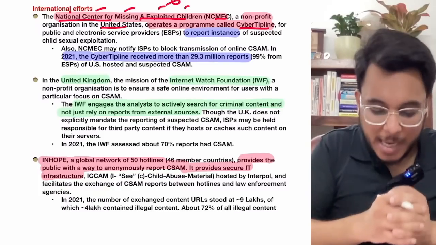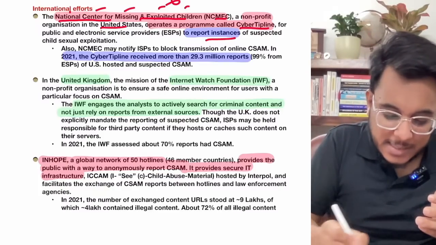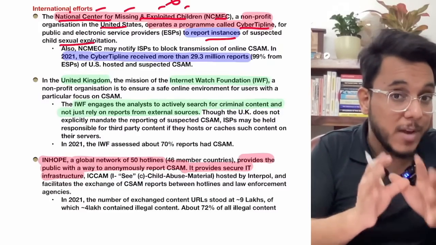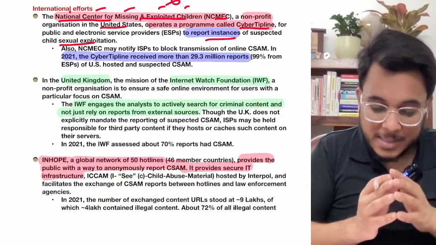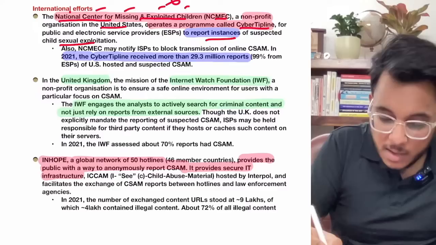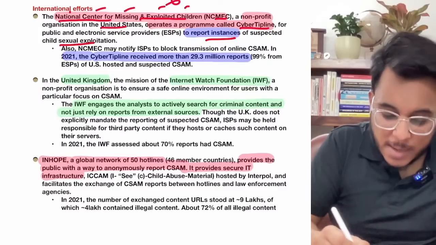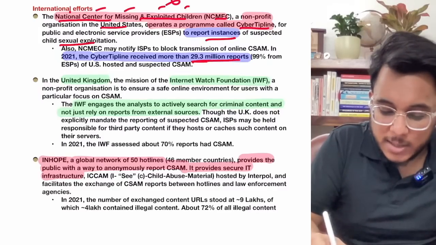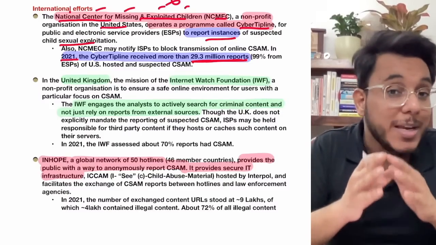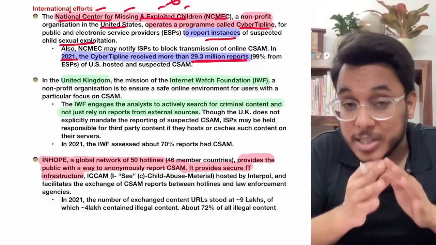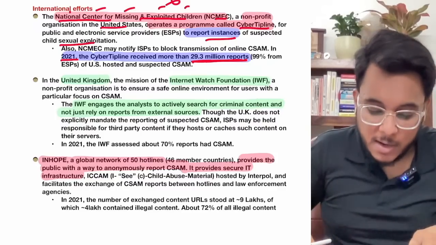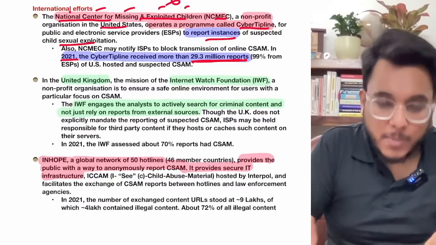This Cyber Tipline reports instances of child sexual exploitation and child pornography prevailing on the internet. Its Cyber Tipline received 29.3 million reports in the year 2021. So only in 2021, they found 29.3 million reports of child pornography on the internet, and they reported it.